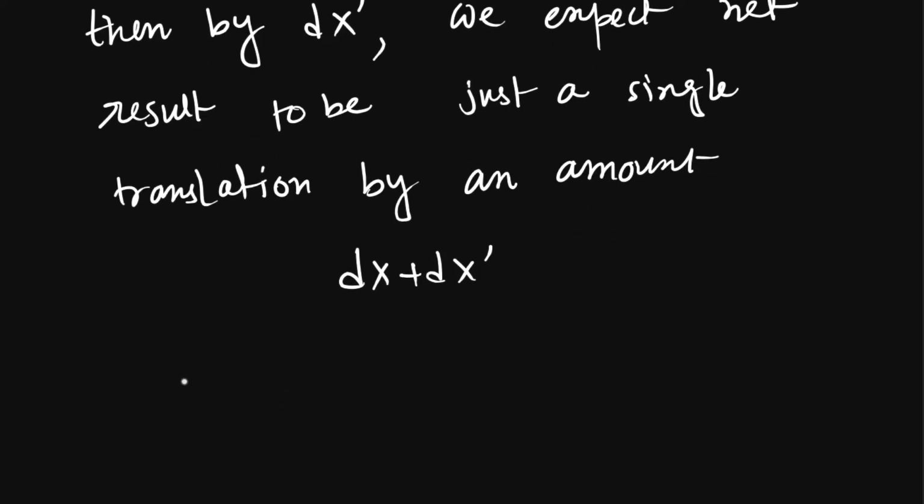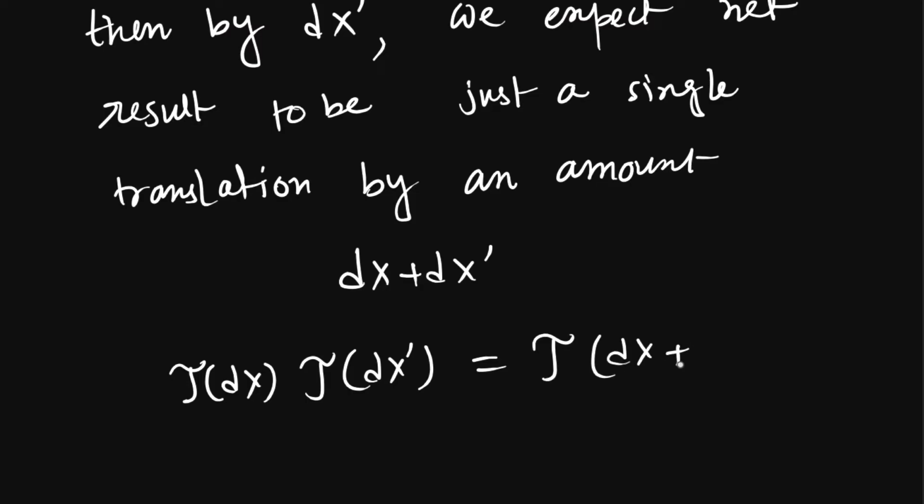That means tau dx prime into tau dx should equal tau dx plus dx prime.